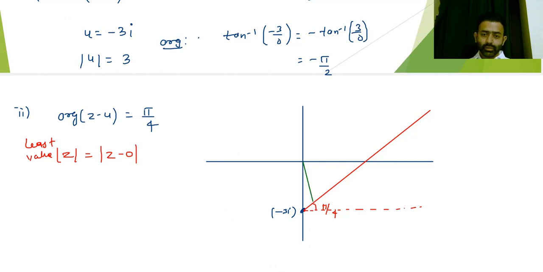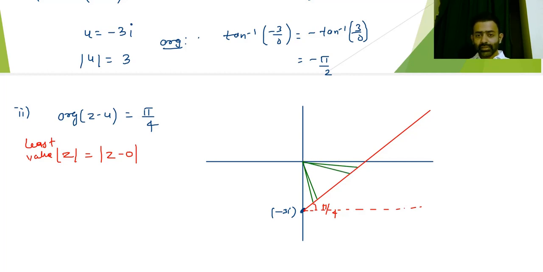Okay, if you plot this, this distance is obviously closer than this one. Again you drop another line, so this distance is shorter than the previous one, right? And if you start from the real axis, this distance, the green one, is less than this distance.